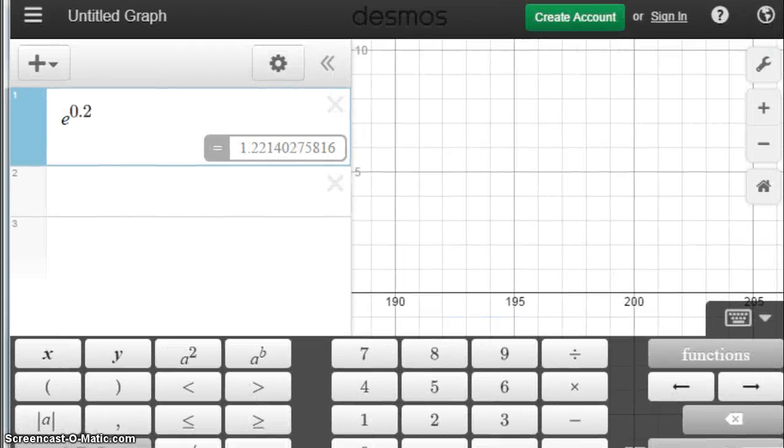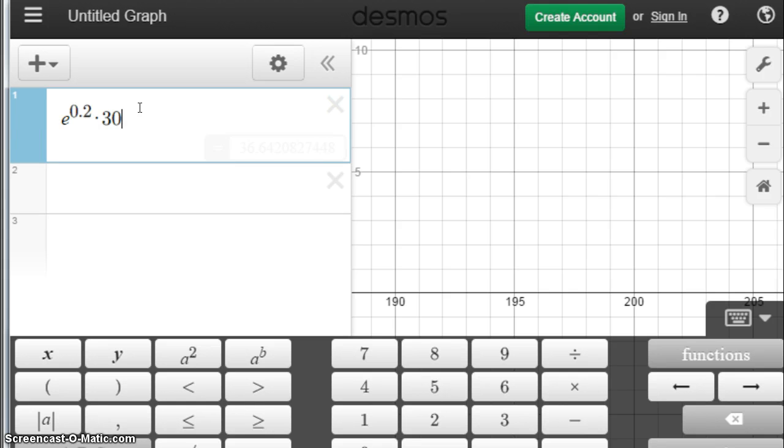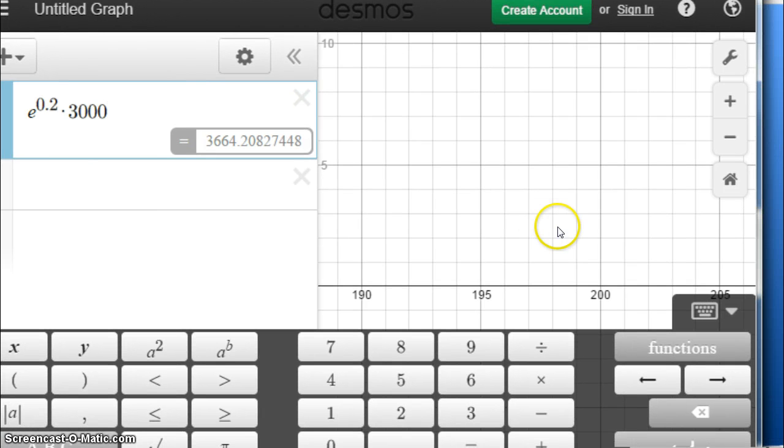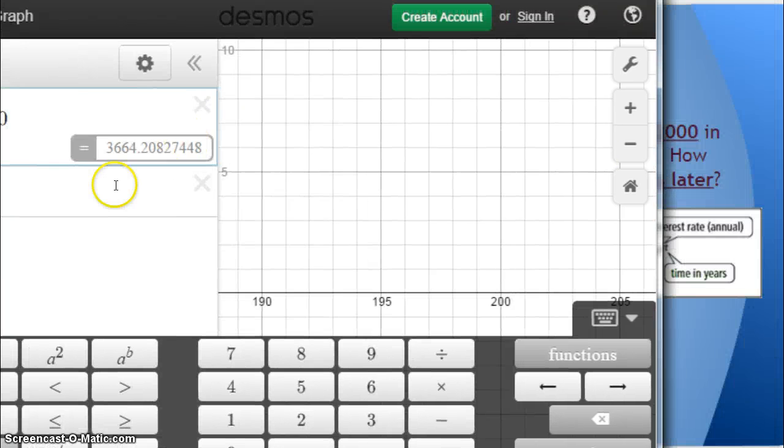From this number, I'm going to multiply by 3000, and we get 3664. That means after 4 years we will have $3,664.